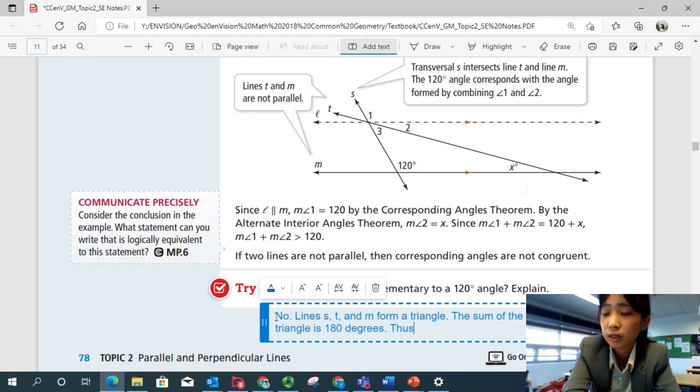Thus, or you can say so, measure of angle 3 plus 120 degrees plus x degrees would be 180 degrees. So measure of angle 3 plus 120 degrees is less than 180 degrees.